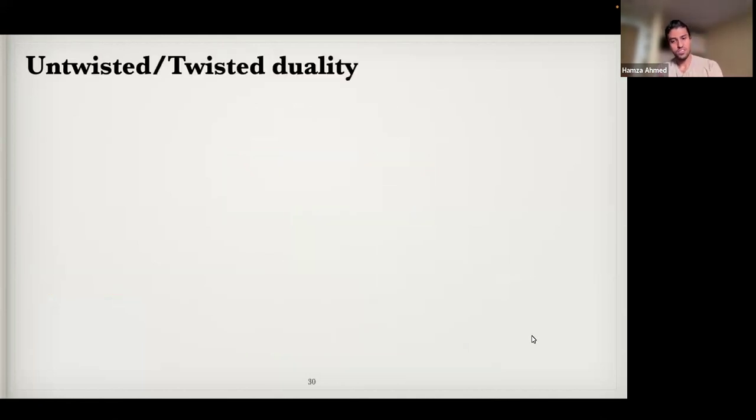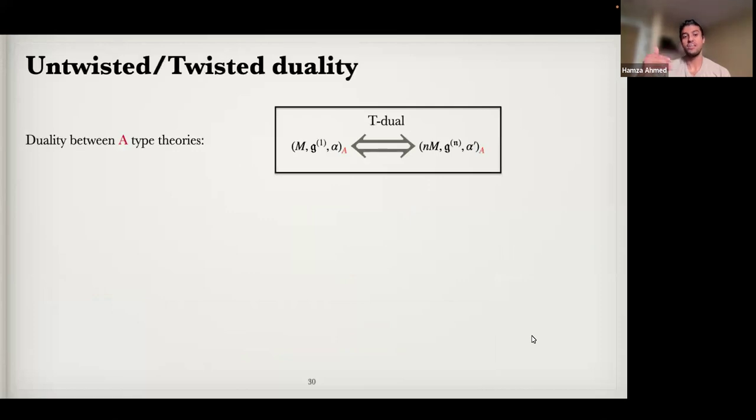Now, what we did in this paper, so right now I've only talked about untwisted stuff, right? What we did in this paper was try to find duality chains where now you have twisted T-duals appearing as well. So now you have fibers with n-sections appearing.